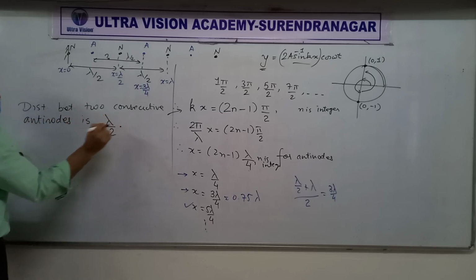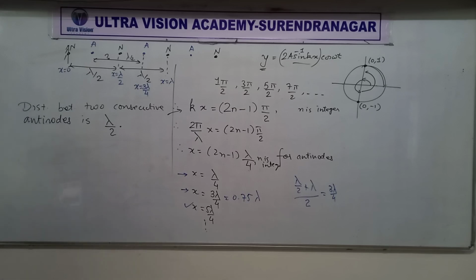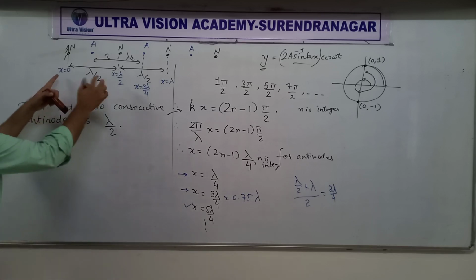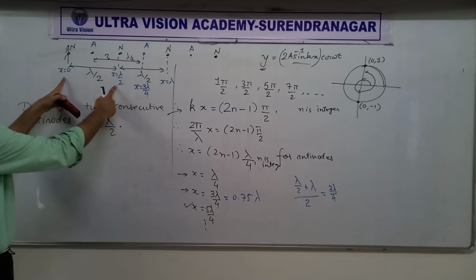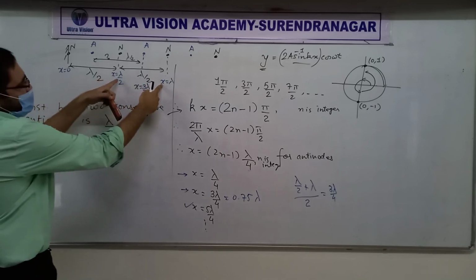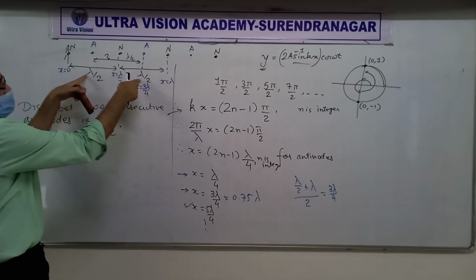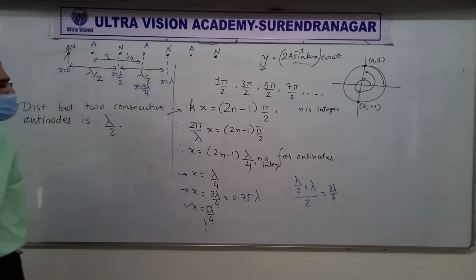Always lambda by 2. That is half of the wavelength. Clear? Not lambda. Lambda by 2. This is at the midpoint of this, and similarly this is lambda by 2, it's at the midpoint, so this distance has to be lambda by 2, right?